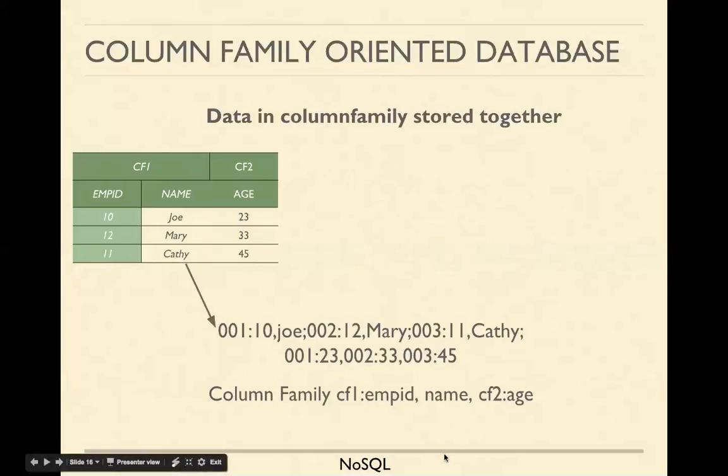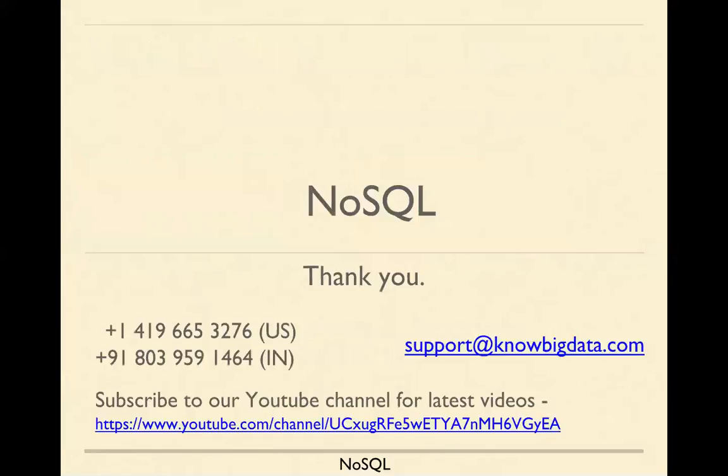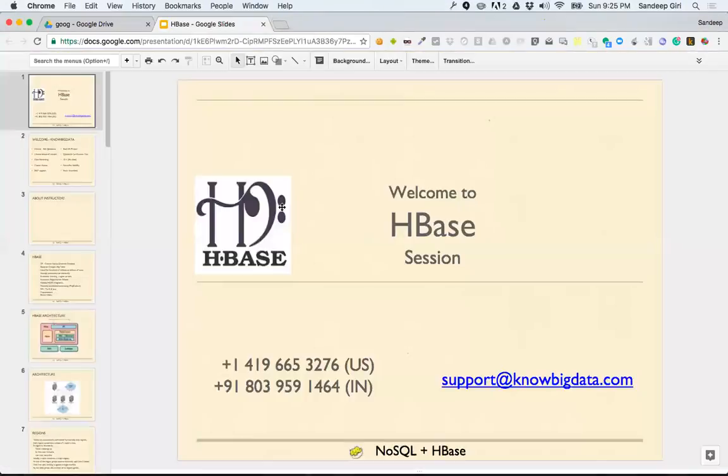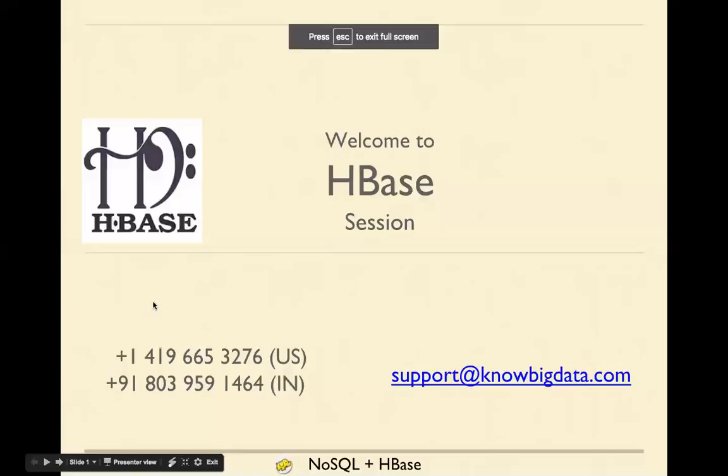Any questions at this point? All right, let's move on. This was an overview of NoSQL in general. Now let's talk about HBase, which we are going to do today.